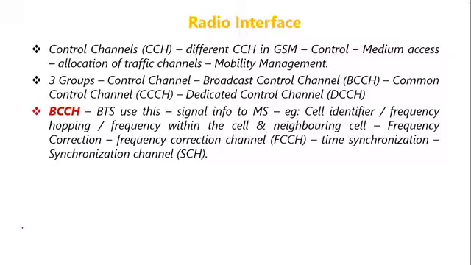So basically, the broadcast control channel is used by the BTS to signal certain information to mobile stations within a particular cell, like the cell identifier, frequency hopping, and frequencies within the cell and in the neighboring cell. It uses the frequency correction channel for correcting the frequency, and the synchronization channel for synchronizing the time. Frequency synchronization is done through FCCH, and time synchronization is done through SCH.